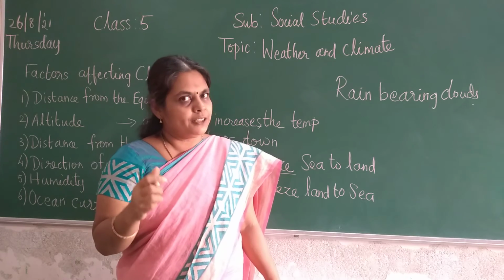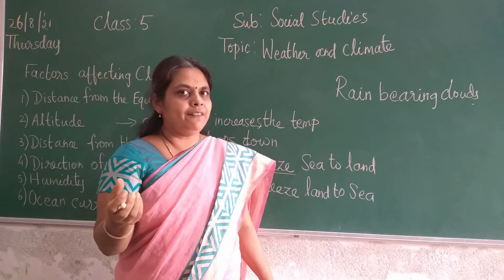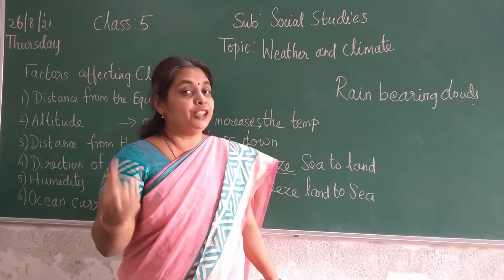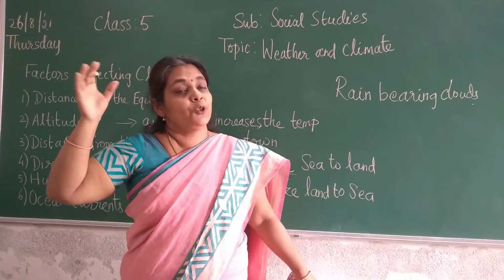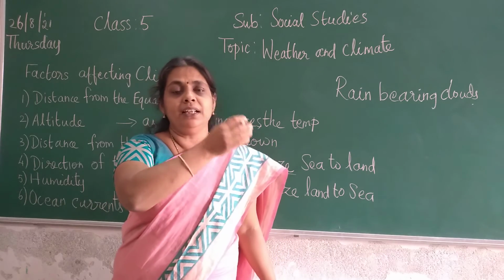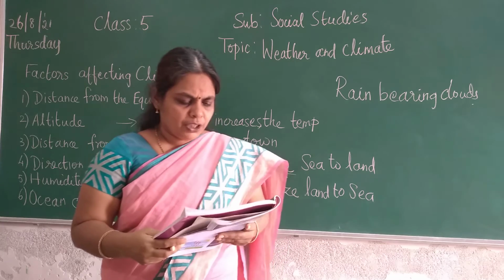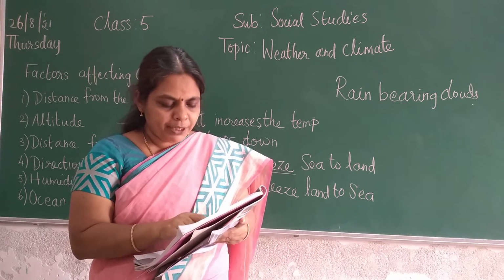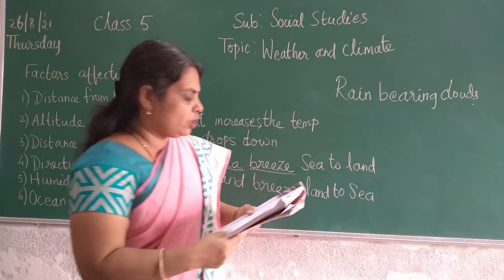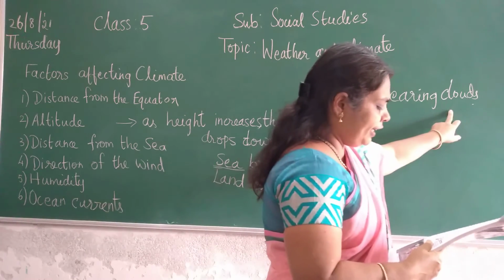Always in the cloud you will have water, children, in the form of ice. The winds will be carrying or moving the clouds, children. So the winds bring in moisture. They are called rain bearing winds.